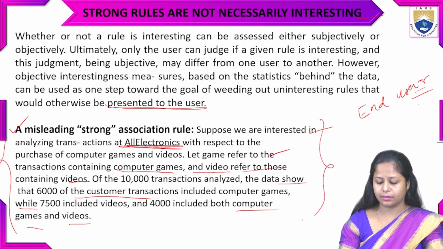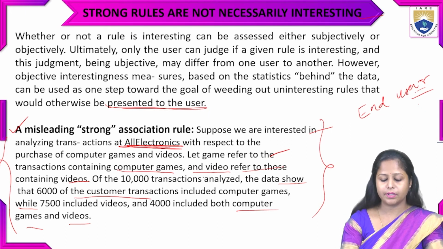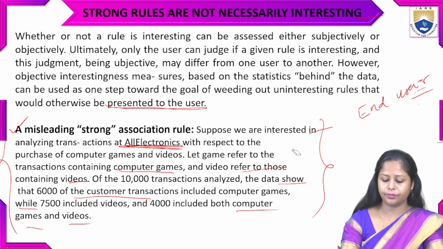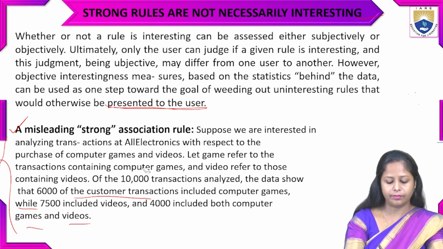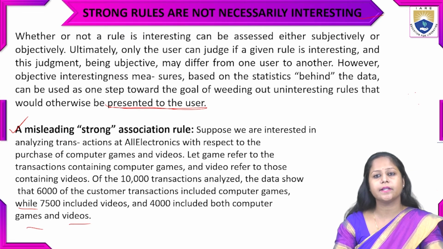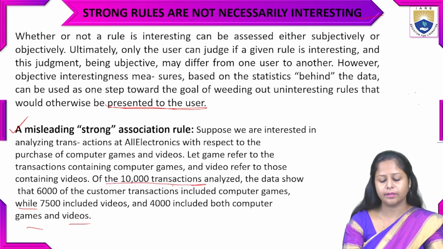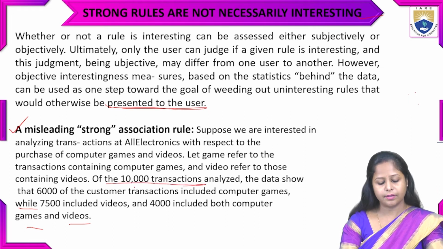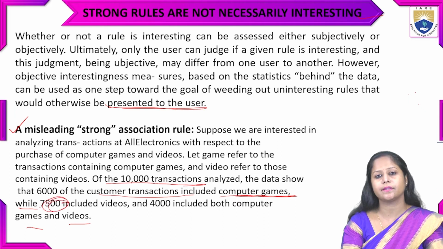So this is the example we will check in the next slide. This is only checking the statistics. As I have said, the transactions containing computer games and video: the video has 10,000 transactions, and the computer games have only 6,000 transactions.